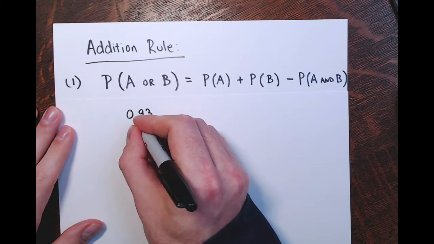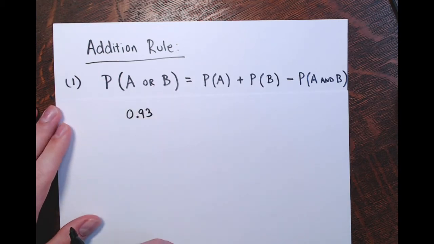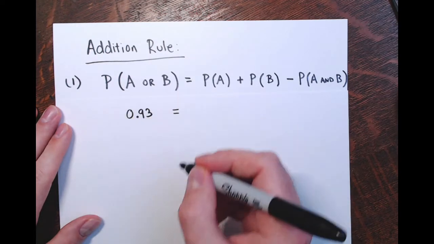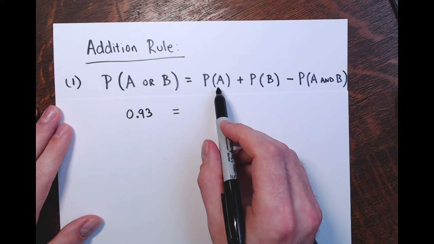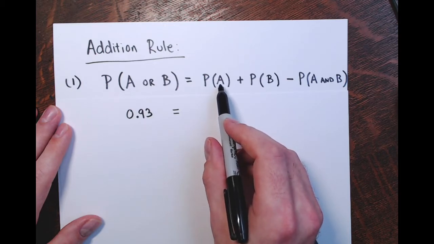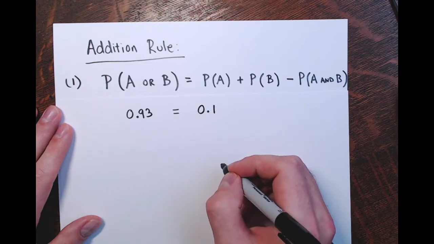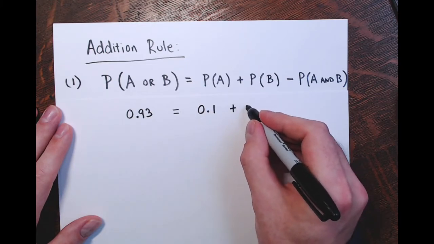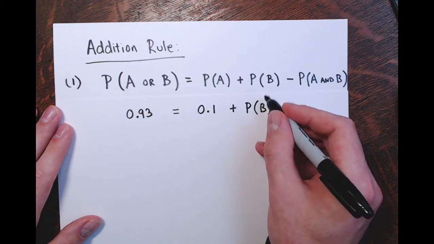So there's a 93% chance that one or the other thing is going to happen, or both. Right. So I put 0.93 there equals. We were told also that the probability that issue A occurs for one of these cars is 10%, 0.1. Plus, now the probability that issue B occurs, we were not told.